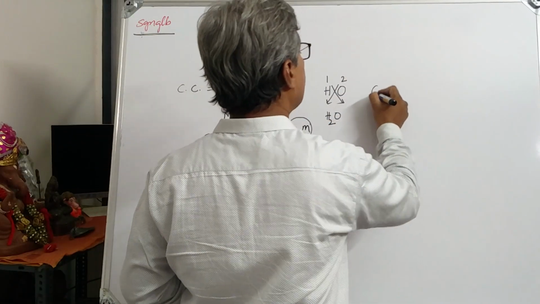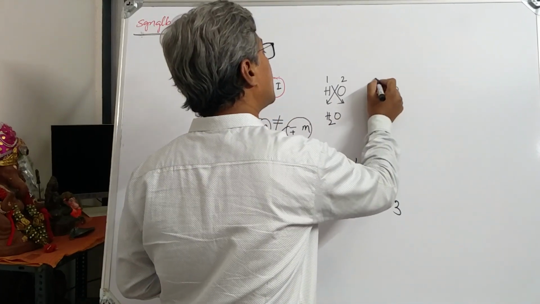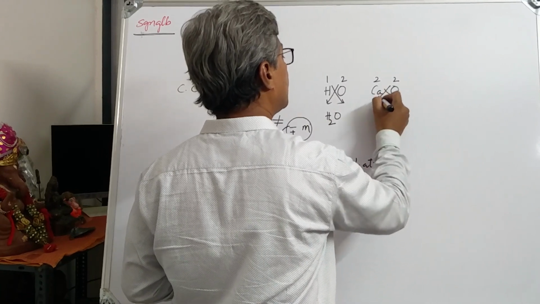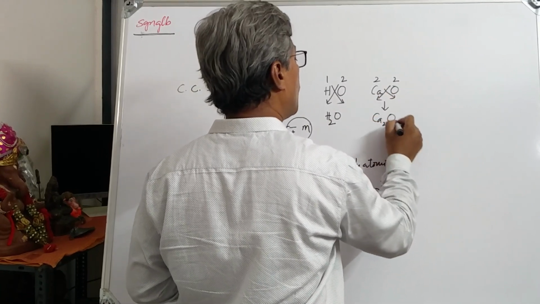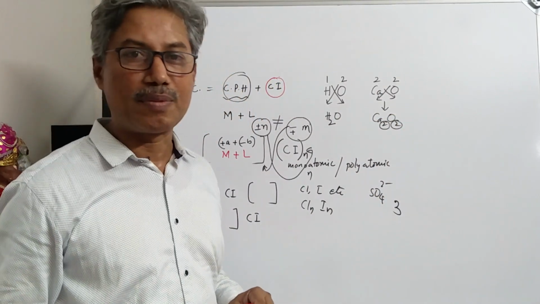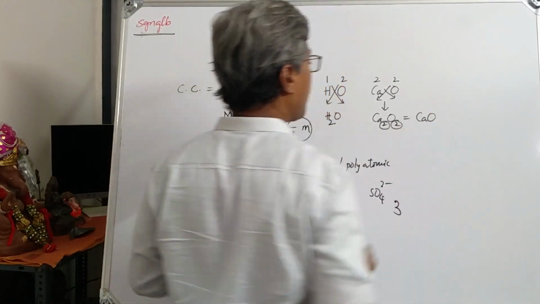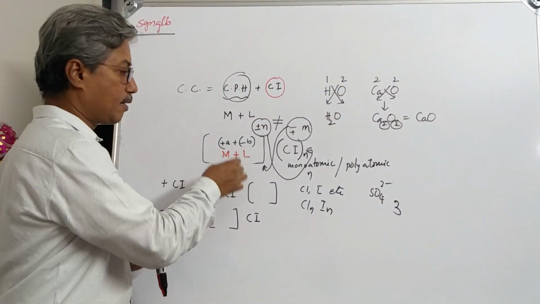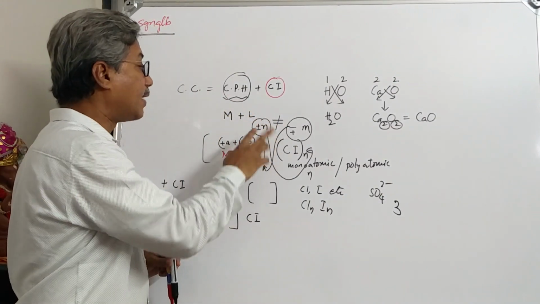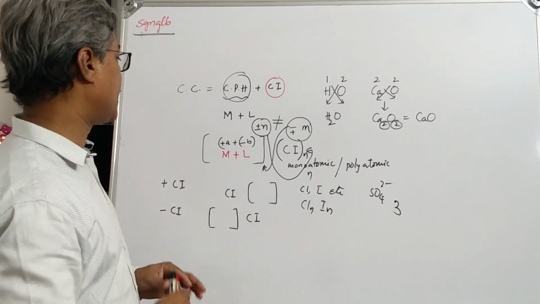Suppose Ca is combined with oxygen. What will be its formula? Ca's valency is 2, oxygen valency is 2, then formula will be Ca2O2. If it is the same, then we take the common factor and write it as CaO. The same technique is applied here also. If they are equal, no problem. If it is not equal, then cross multiplication should be done. Is that clear?